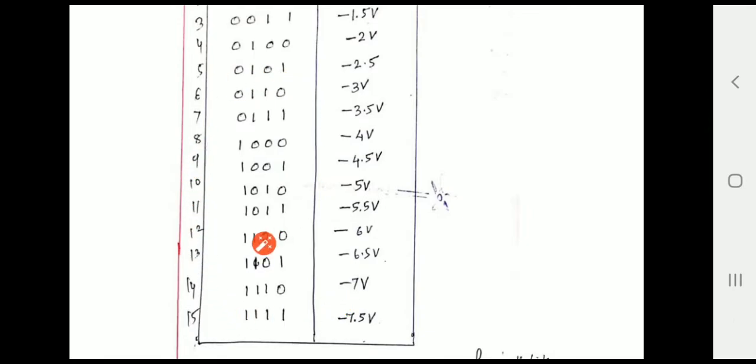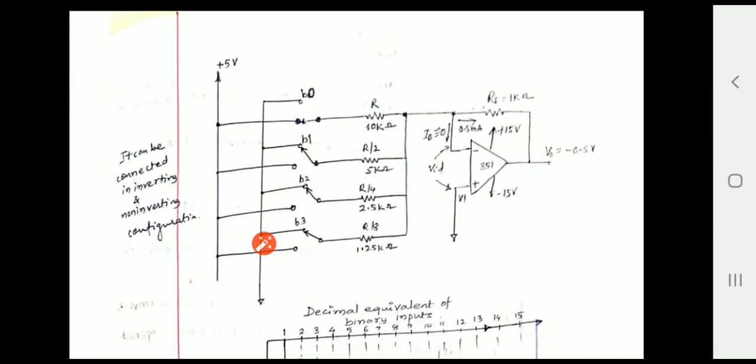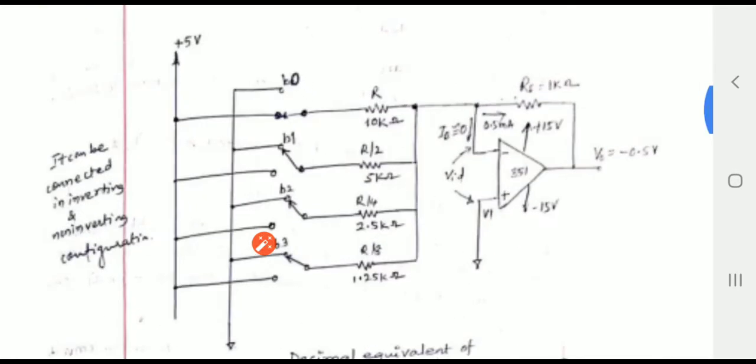Now we will go to the circuit diagram first to understand how to get that table where all the binary numbers are converted into analog output. Look at the circuit diagram here. In this diagram we have used one op-amp and the inputs are connected to the inverting terminal of the op-amp, so it is an inverting summing amplifier. We can also connect to the positive, non-inverting terminal, so we can choose either one.